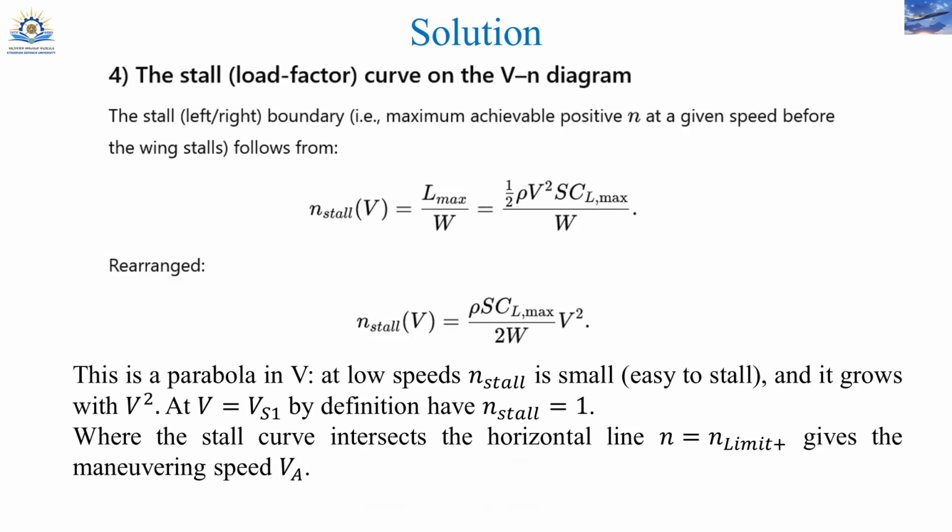L max is half rho V square S CL max, divided by weight, gives you n stall. In the clean state, n stall is 1. But you can substitute all the values, then you can get n stall.